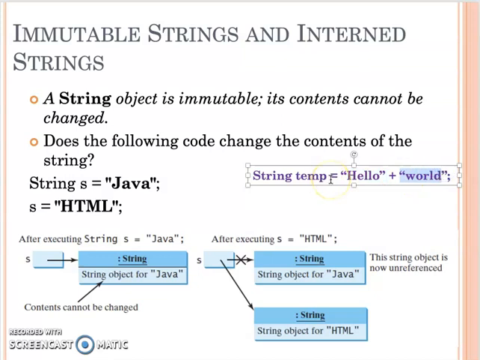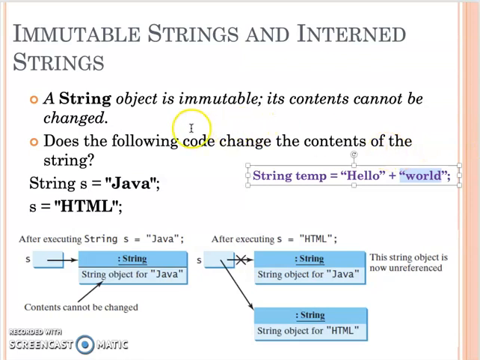And these two string objects we call literal string objects. They are individual objects. When we concatenate them together, we just copy hello and world together into temp. So that's why you have 3 objects in this statement: one hello, one world, and the third one is temp equal to hello world.